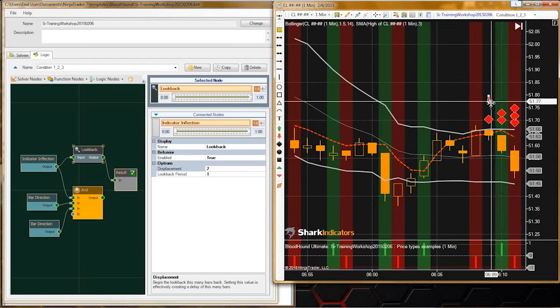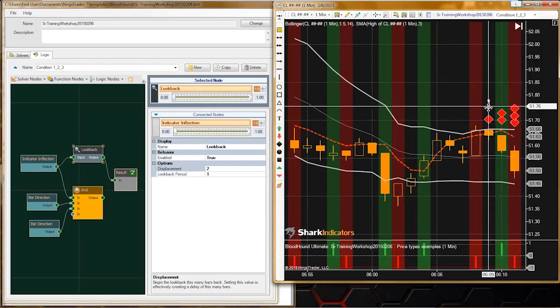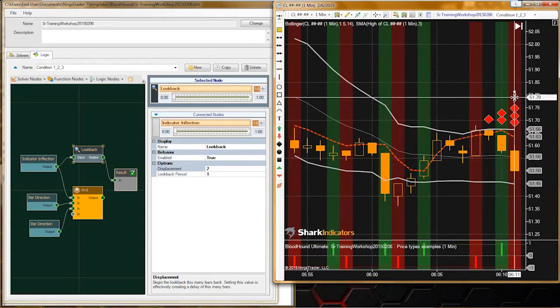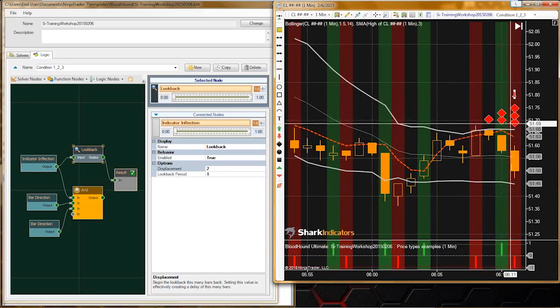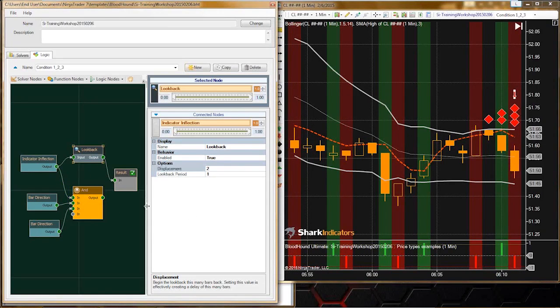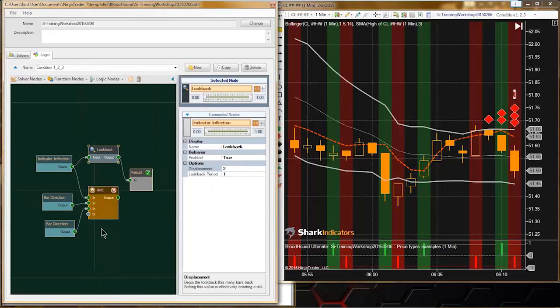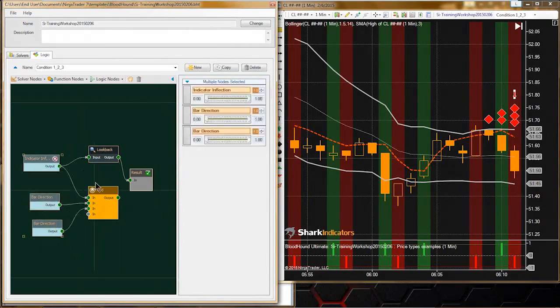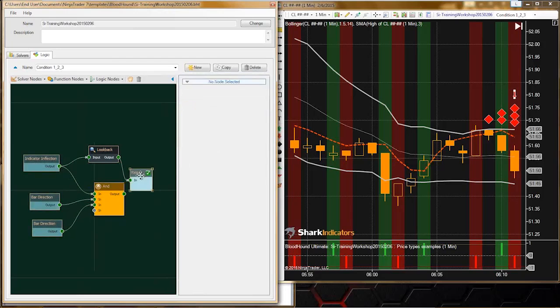So, if you remember, we had the short signal on this bar, and now it's been moved forward to the bar with our third condition. So let me reorganize these guys a little bit.